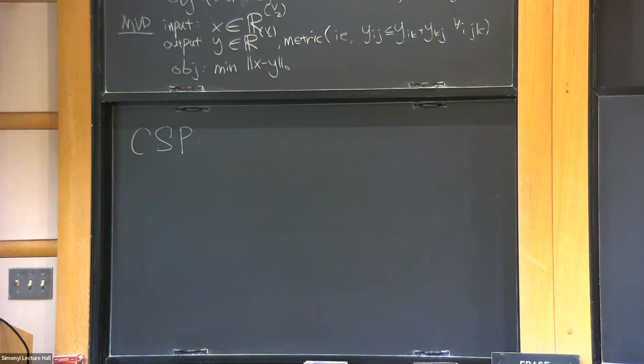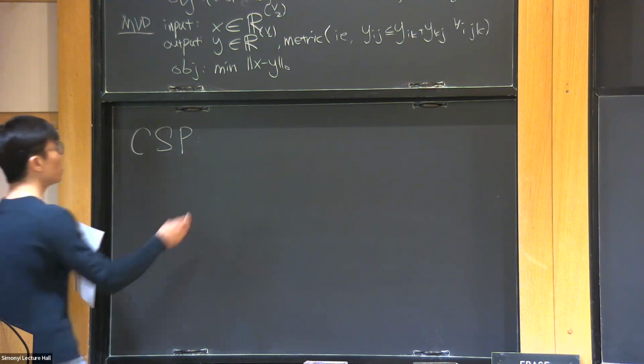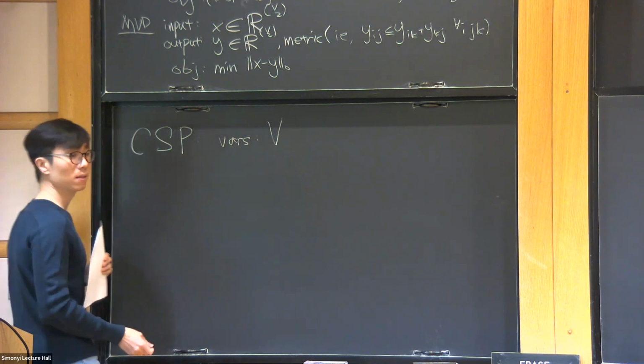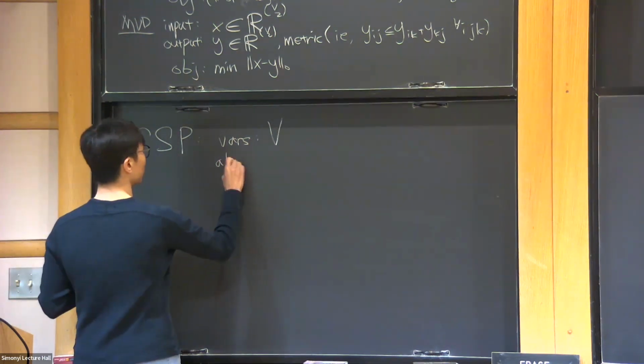We are giving some label to each vertex, but the label set for the CSP corresponds to some point in a general metric space. If you want to be more specific, one can assume it has endpoints, and if you look at L infinity of n dimensions, it can represent every metric. So the variables are the V vertices, and then perhaps the alphabet.